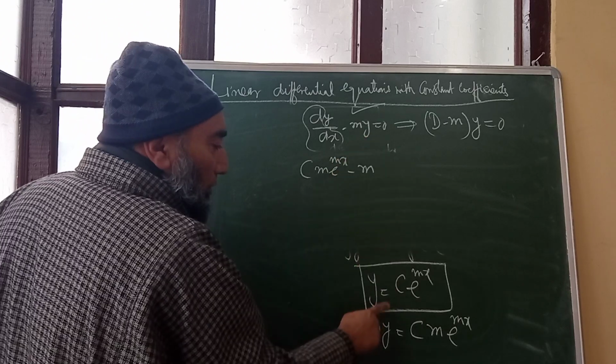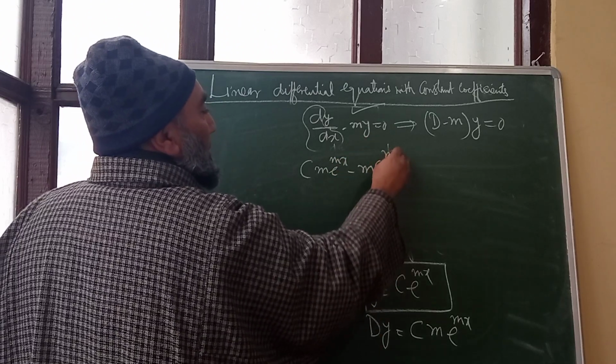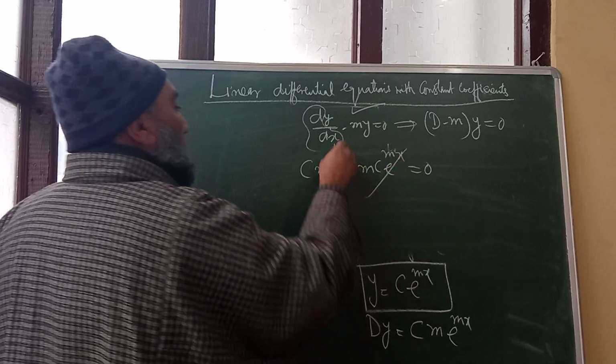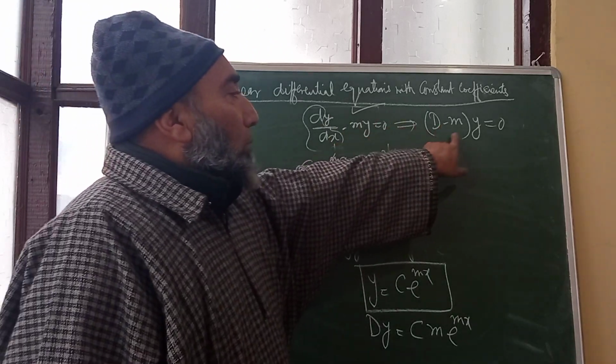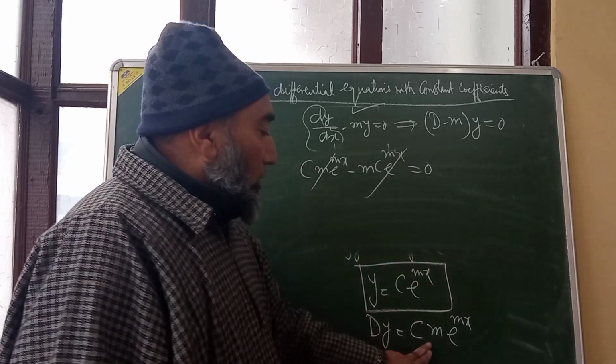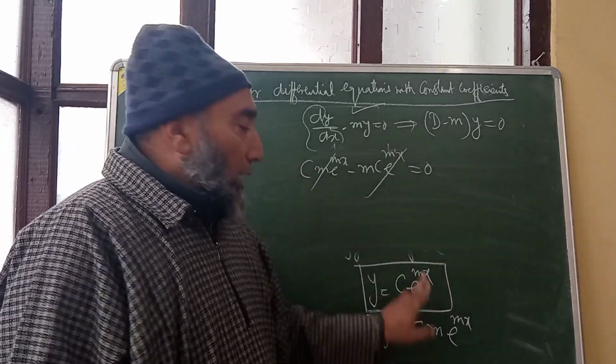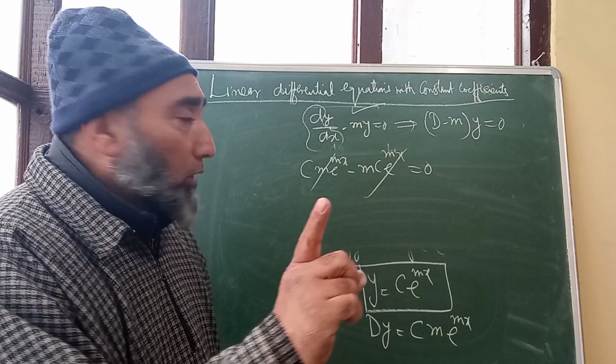Minus m times y, and y is c e to the power mx. You see, I will get an identity, I will get a 0. So this is a solution. So if (D minus m) operating on y is equal to 0, its solution is given by c e to the power mx. Remember it once and for all.